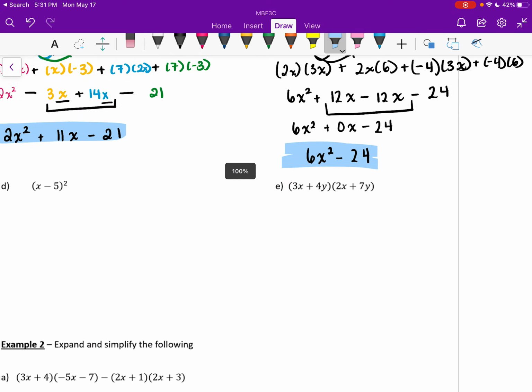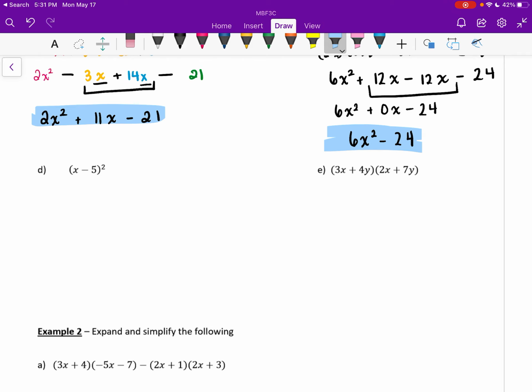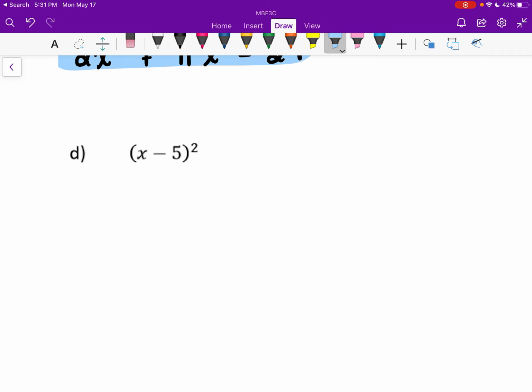Okay, so try and do these ones by yourself, D and E. I just want to point out here, it says x minus 5 squared. This does not equal x squared minus 25, right? Not the same thing. You can't just distribute the squared in like this.